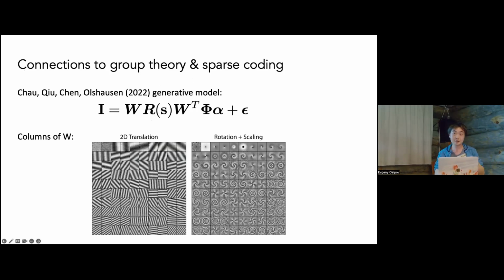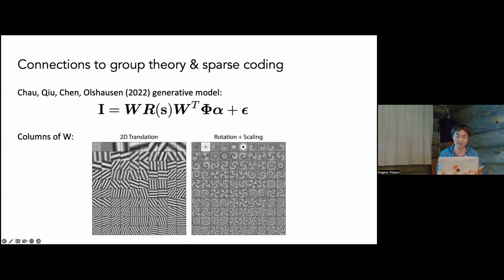In this case, they're working either with a case where the images are translated in 2D, or they're rotated and scaled. So there's also 2 degrees of freedom. And since the columns are orthonormal, there's the task of learning what the right bases should be.